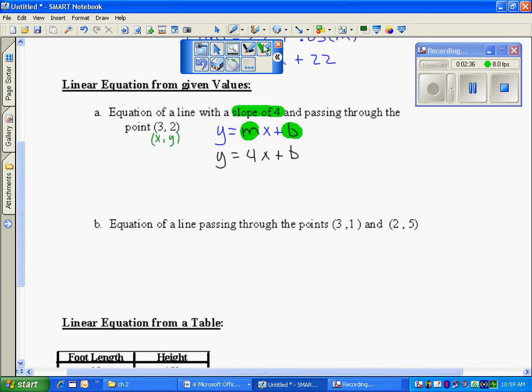So substituting 3 in for my x position, 2 in for my y. This y becomes a 2 because that was a point that needed to satisfy this equation. 3 is an x coordinate that must satisfy. Now I have a simple equation to solve for b, moving 12 to the other side by subtracting 12.